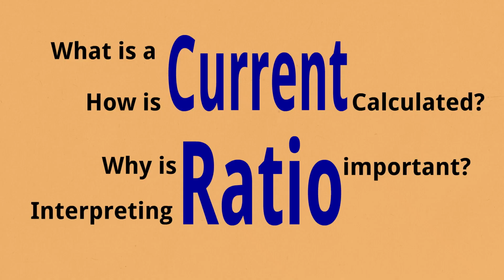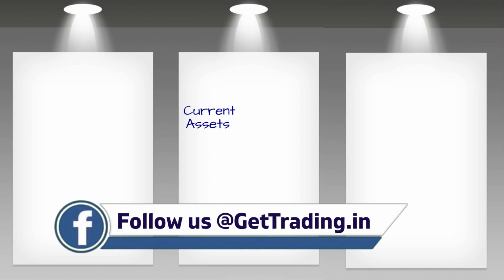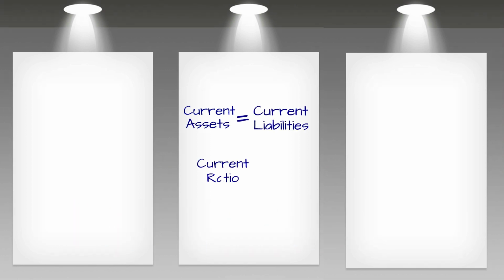Now, how to know whether this ratio is good or bad? Interpretation of current ratios. Let's see from the liabilities point of view. Everyone agrees that a company should be in a position to liquidate enough cash in short term to settle its short term debts. Now, if a company has current assets which equal its current liabilities, then the current ratio will be 1.